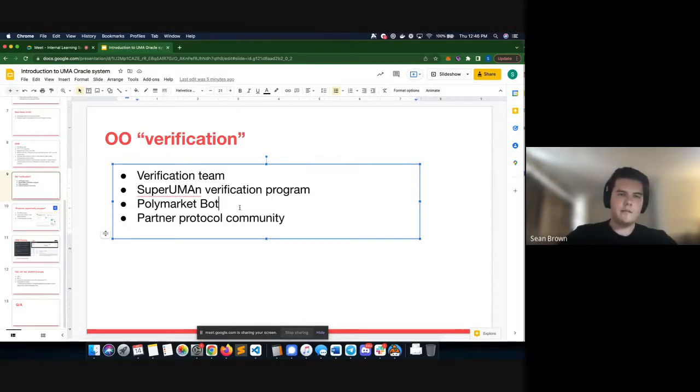So there's various parts of infrastructure that have been built to automatically check, or with some assumptions check, to make sure that proposed prices agree with prediction markets that are out there like Polymarket. There's also a decentralized verification program where any superhuman can come in and provide evidence once a proposal is made in the form of screenshots, and they'll receive a small reward in UMA for that.